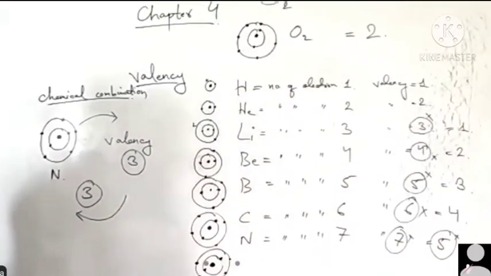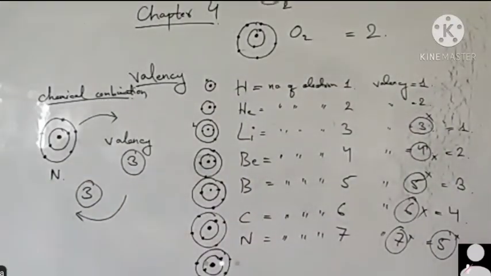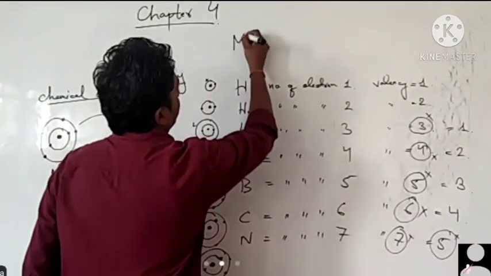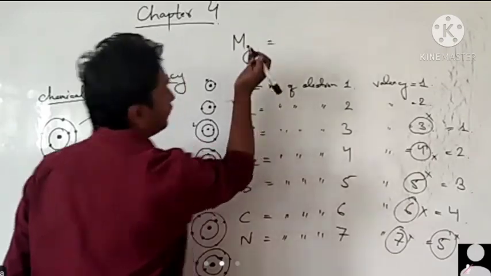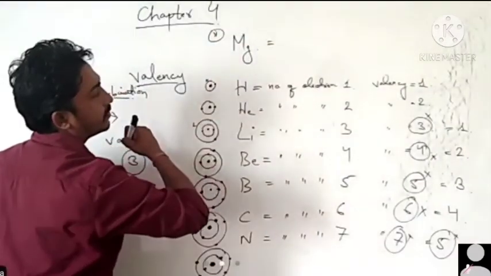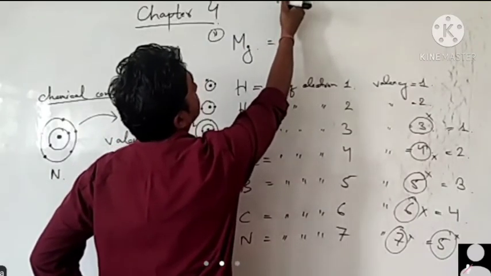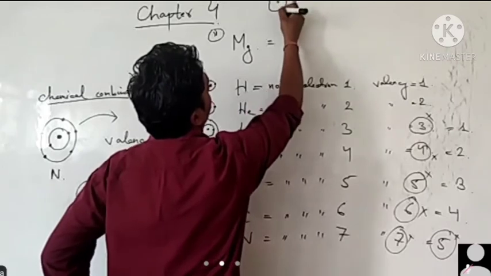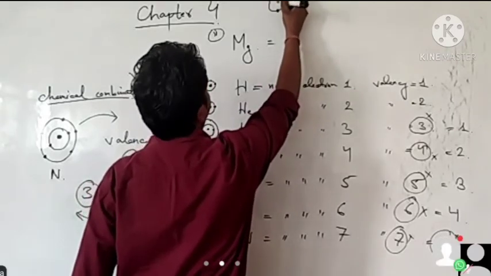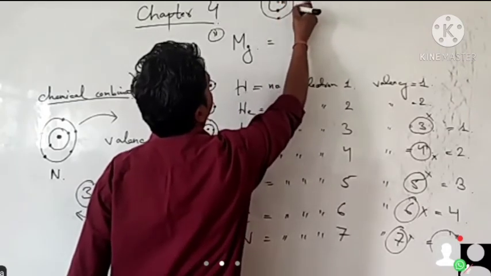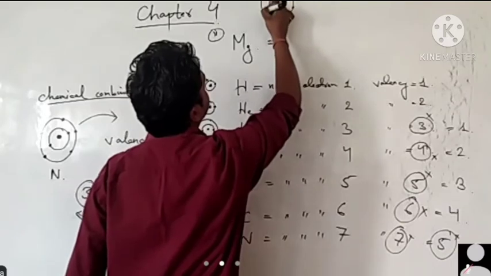So for this we can take the valency of other elements also. Now let's take an example of magnesium. The number of electrons in magnesium is 11. If we have to arrange the electrons here, we have to put 1, 2, that means in the K cell. In the L cell, 1, 2, 3, 4, 5, 6, 7, 8.